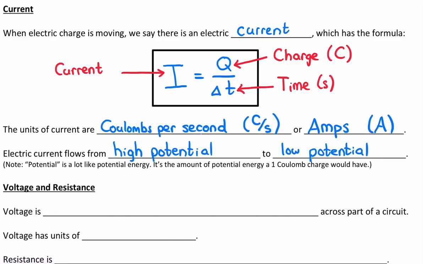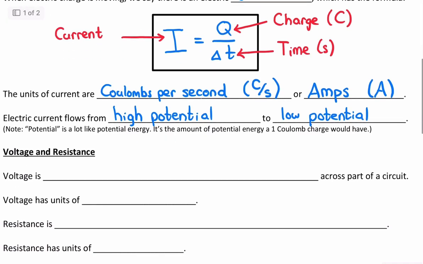If you can remember the ski hill analogy I like to use, potential was like the height on the ski hill. So saying that current flows from high potential to low potential is sort of like saying skiers on the ski hill go from high height to low height. They go from high up on the hill to lower down on the hill.